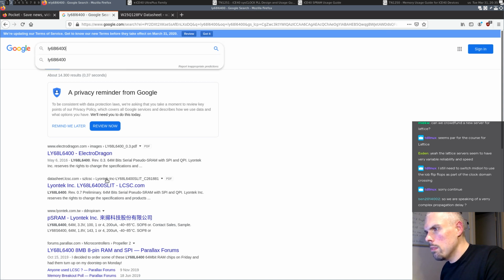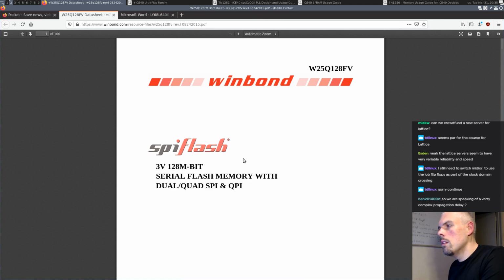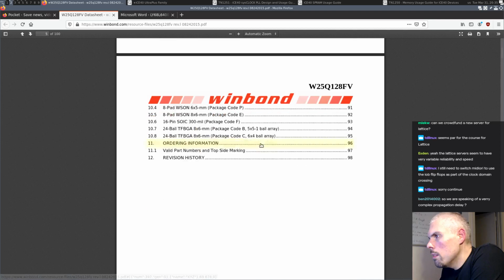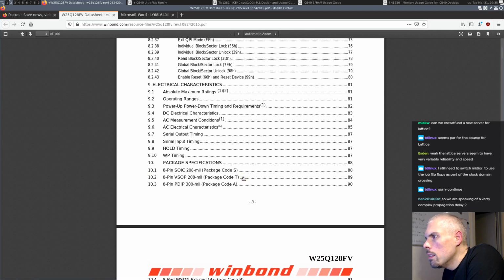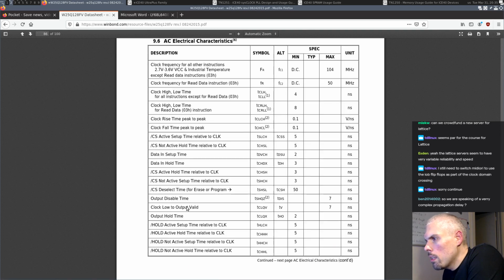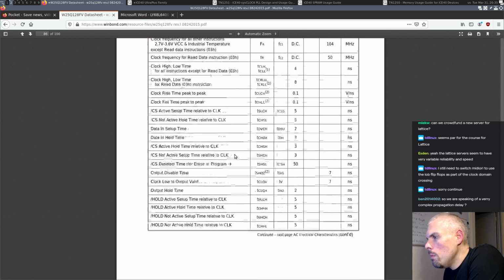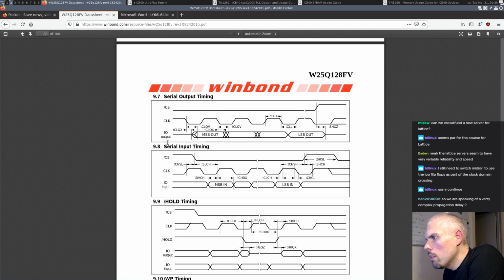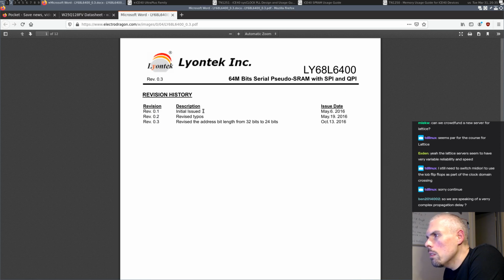Yeah, okay, we can open that. So we need to find the AC electrical characteristics. Okay, so we have our nice timing diagram.